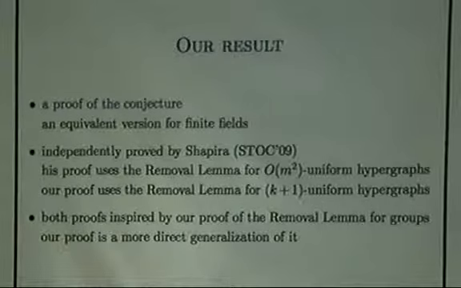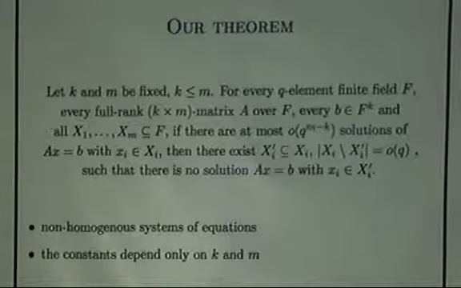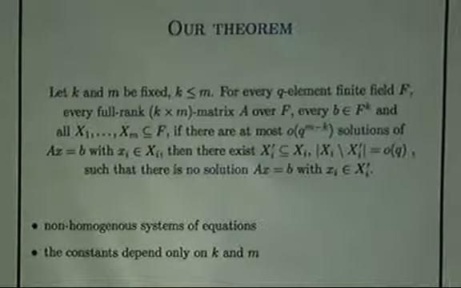So I think I have some time, so I first state a theorem, and then I will see whether I can sketch some parts of the proof. Our theorem says the following. As I said, we're proving the version for finite fields. So what we fix is the order of the matrix: the number of rows and the number of columns, but we're not going to fix the matrix.